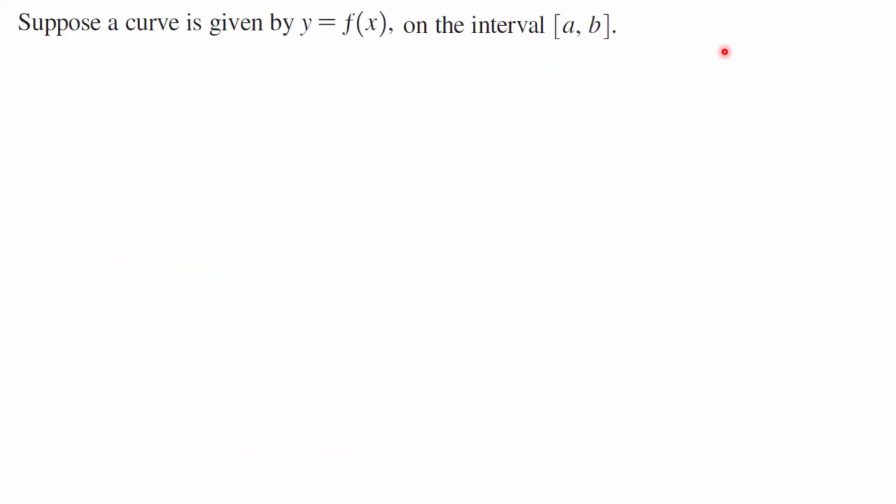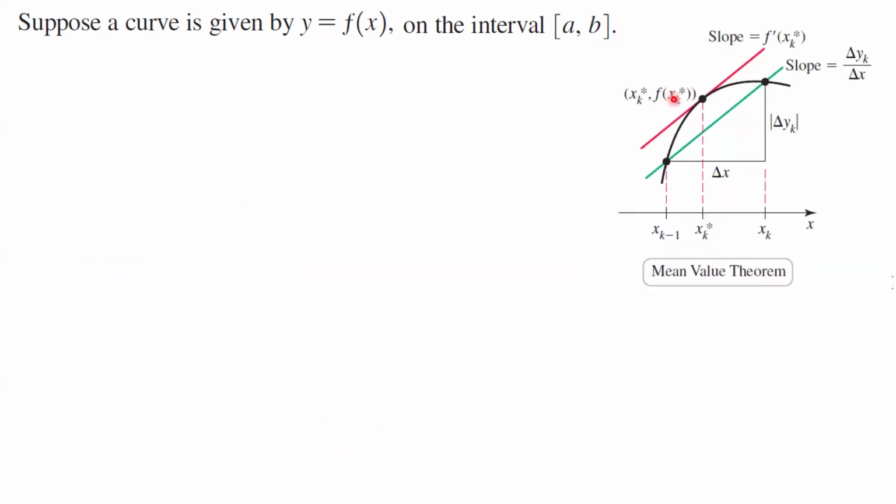So another application of the definite integral is helping you to calculate the length of this curve. Now I expect you to ask, what if we don't have a parametric curve? Suppose a curve is given by y equals f of x on the interval a to b inclusive. So here you have your curve. You want to know what is the length of this curve. Remember that we're going to use the mean value theorem.